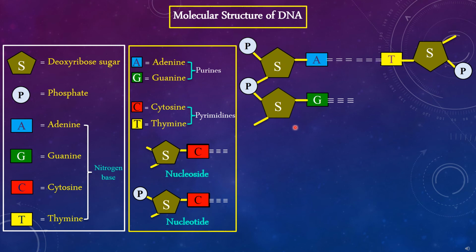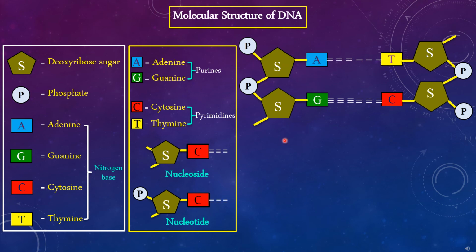Another nucleotide has the nitrogen base guanine, a purine, with a triple hydrogen bond to another nucleotide having cytosine, a pyrimidine. So a bond is always formed between a purine and a pyrimidine.